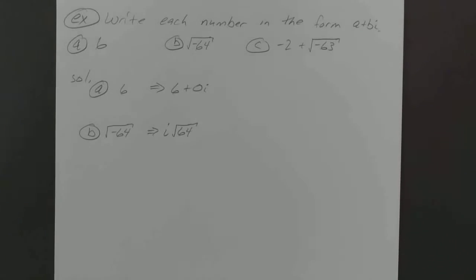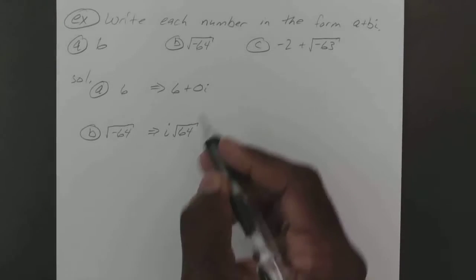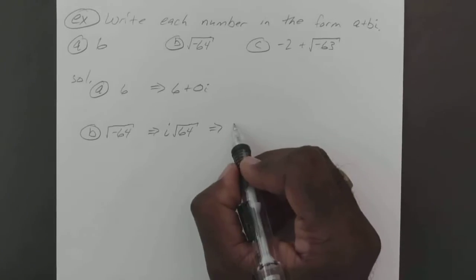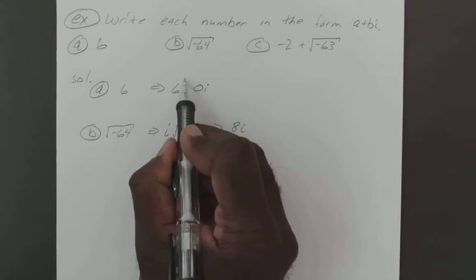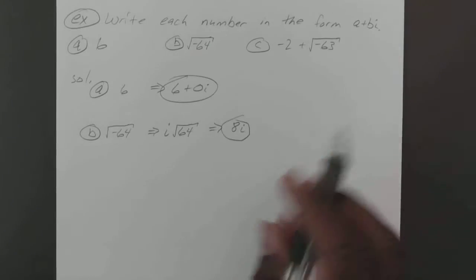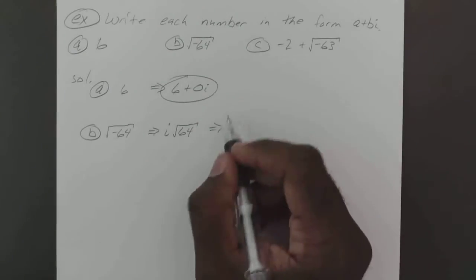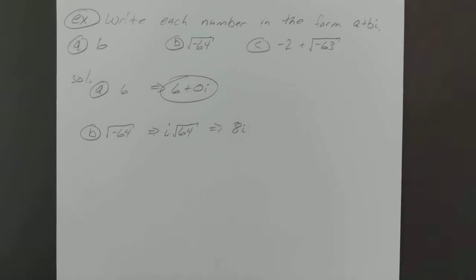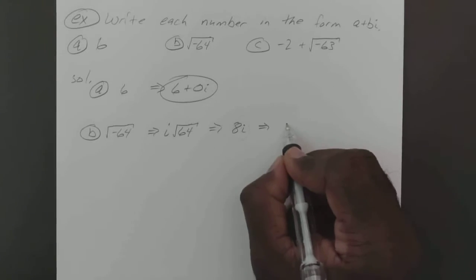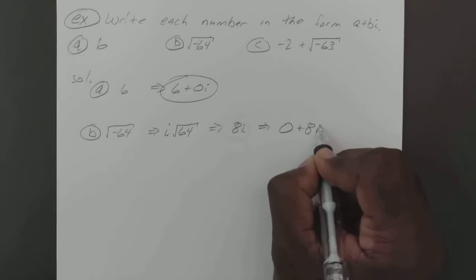I mean, if it helps you, you can still use it, but you don't have to. Okay, so we know square root of 64 is 8. So we end up with 8i. So let me circle the final answer. Oh, it's not the final answer because we didn't put it in complex form. Okay, so this would be 8i, but in complex form, it will be 0 plus 8i.